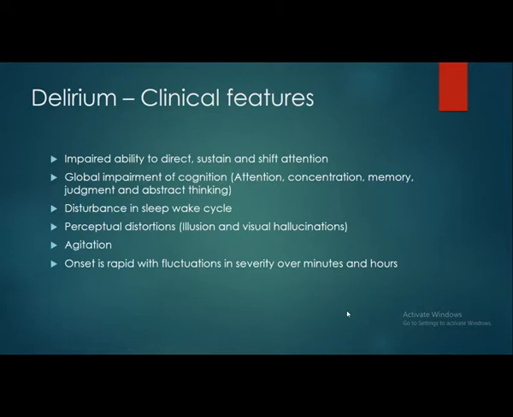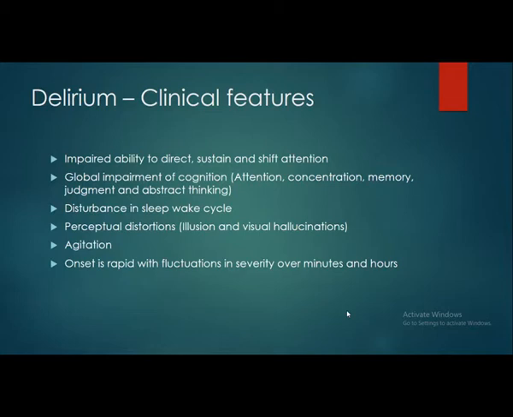A person has problems with attention as well as concentration, memory, judgment, and abstract thinking. There will be difficulties in memory, but that's quite different from the memory difficulties in dementia that we'll see later on. So mainly there are problems of attention as well as global impairment of cognition.